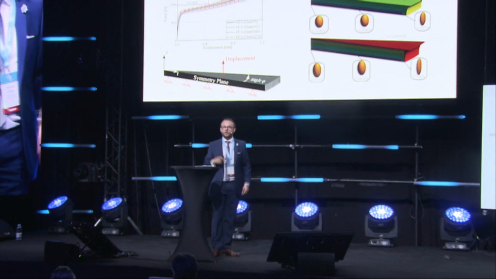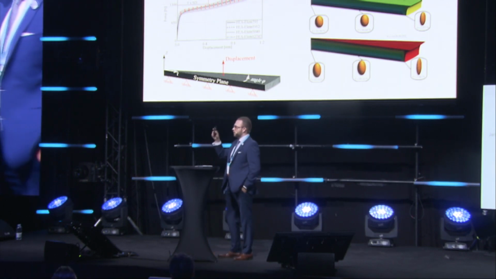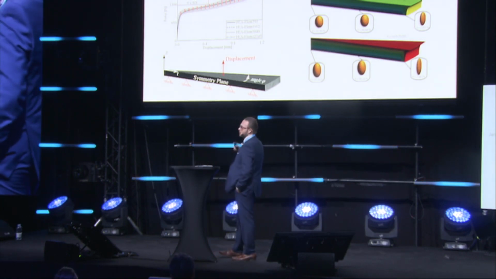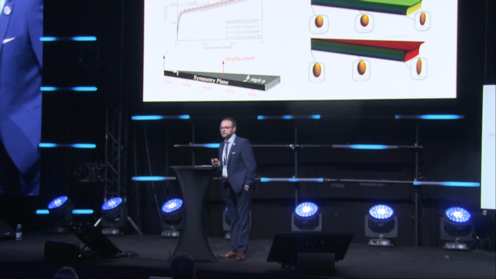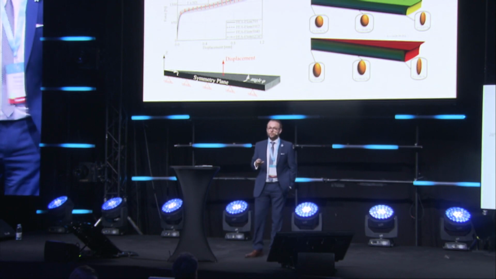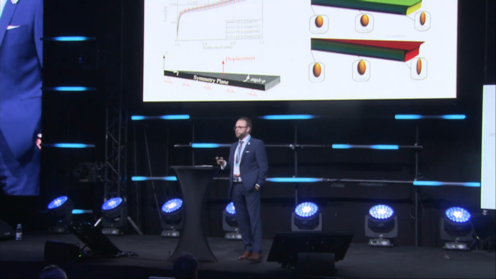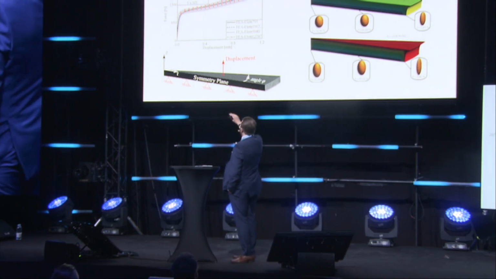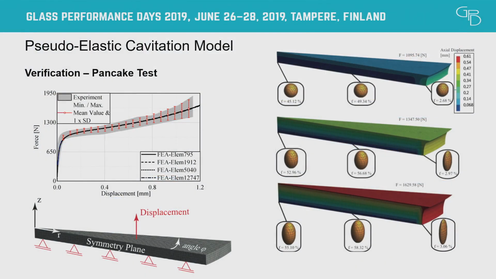With the new pseudo-elastic formulation, we are now able to model the softening due to the void growth. So this is the new part of the model. As a summary, we are now able to calculate the softening due to the cavitation.